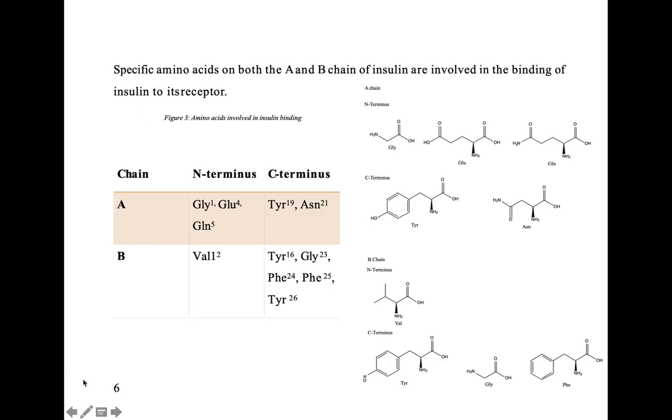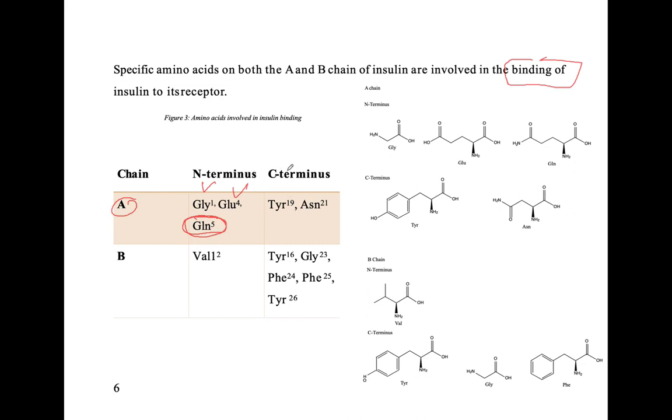Now we mentioned how insulin is going to bind to its receptor, and in a little bit we'll talk specifically about the A chain and the B chain of insulin. For now, I want you to focus on the specific amino acids that are involved in the binding to the receptor, okay? On the A chain, lysine, glutamic acid, and glutamine.